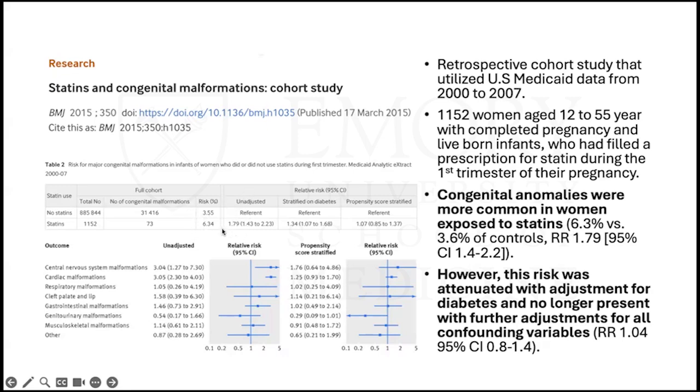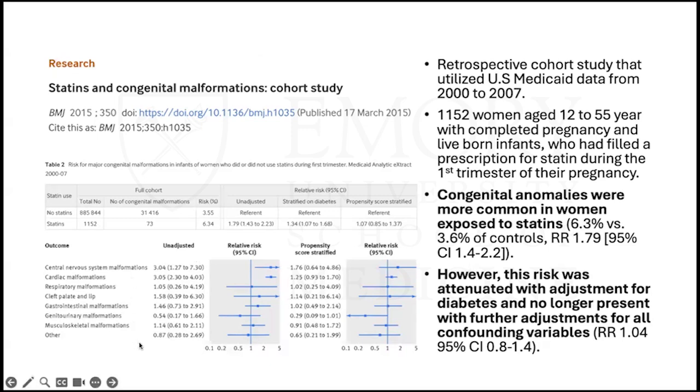The unadjusted model gave them a relative risk of about 1.79. However, this relative risk was attenuated when they adjusted for diabetes alone, going from 1.79 to 1.34. And when they further adjusted for other confounding variables using a propensity score, that risk was no longer present. That's interesting because it's very different from the previous cohort studies that we were seeing.